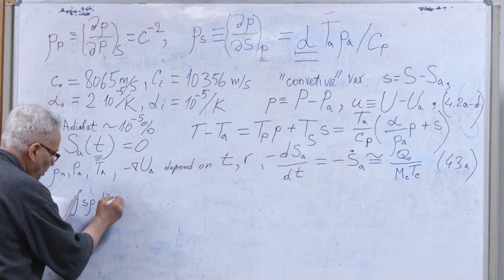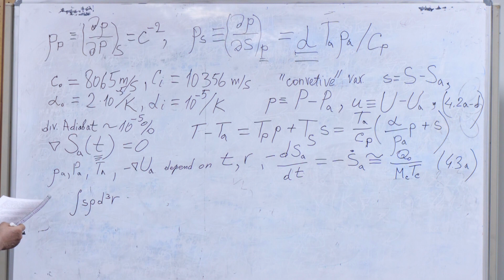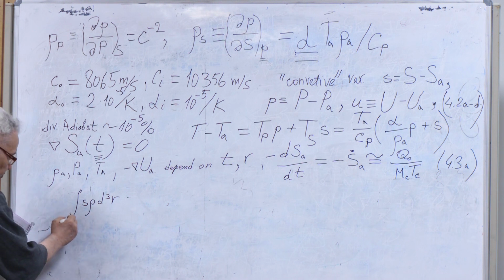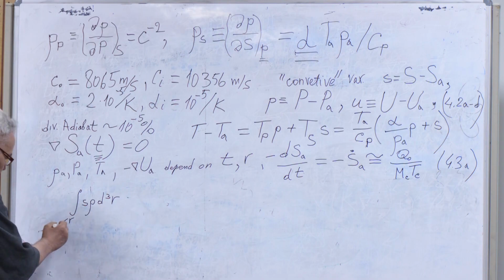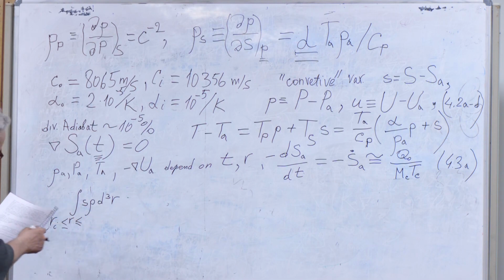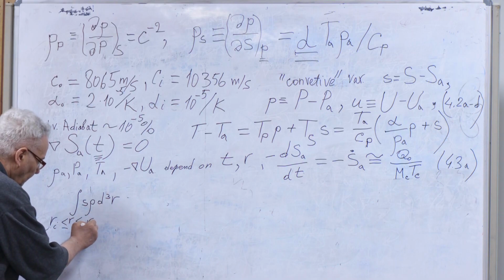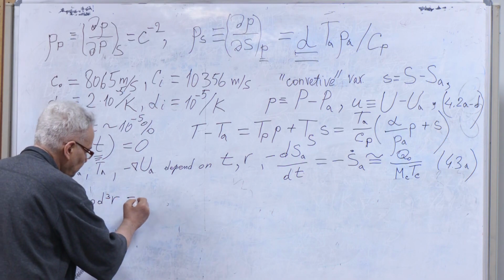So it is integrated over the whole volume, from R greater or equal Ri and lower or equal Ro. And this integral should be 0.